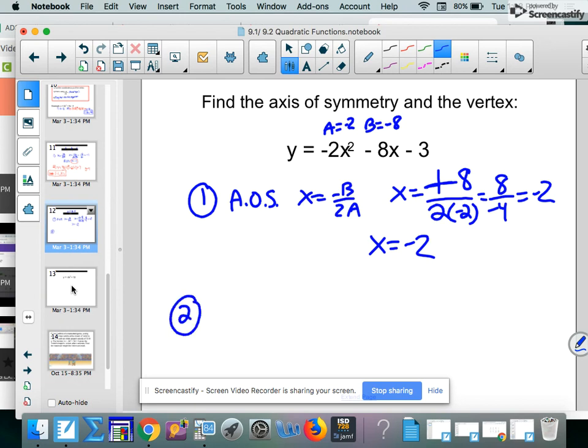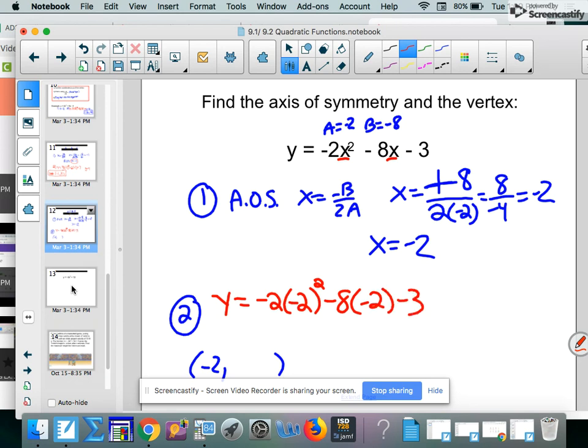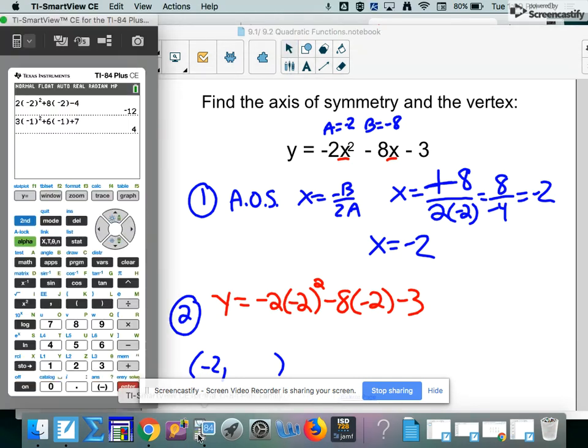Remember, that's also the beginning of your vertex. We just got to figure out what y is. So I'm going to plug it into my original equation. I'm plugging it in for this x and for this x. Again, you can plug it all into your calculator, or you can do order of operations in your head, whichever you prefer.